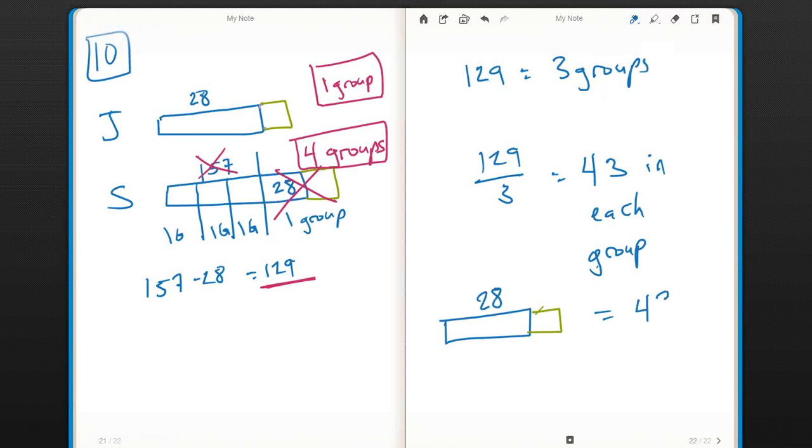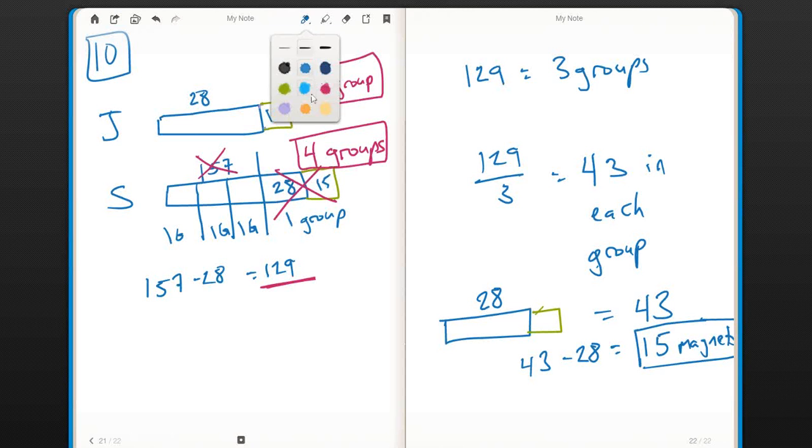And I know that each group has 43. Well, if each group is 28 and a green box, and that makes 43, then in this case, which also happens to be the same answer as the last problem, I must have added 15 magnets to each one.